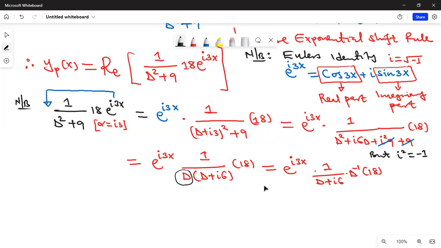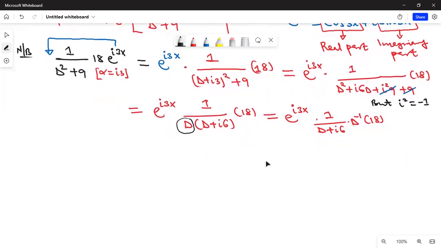So when you integrate 18 with respect to x, you get 18x. So this can be written as exponential i3x. Then here we have 1 over D plus i6. There we'll have 18x.